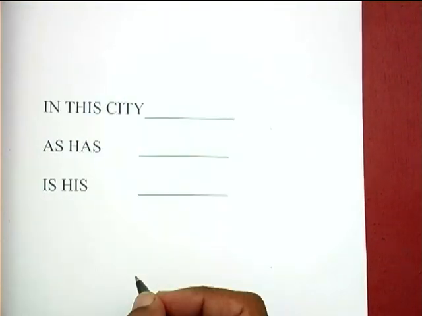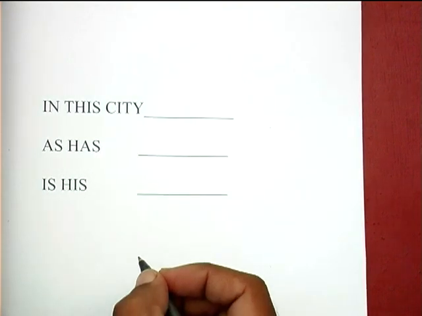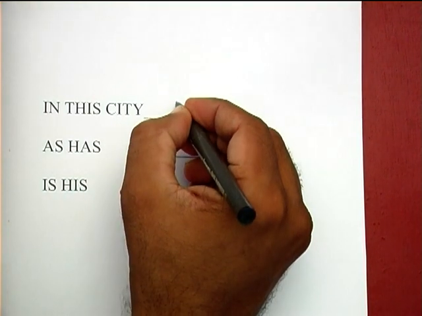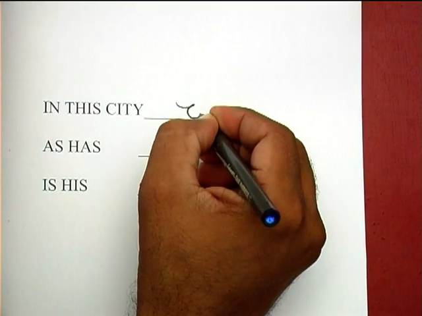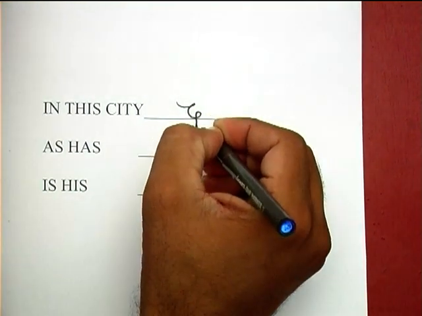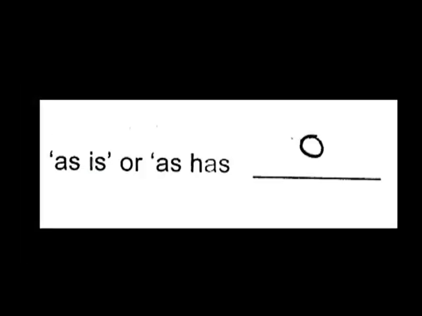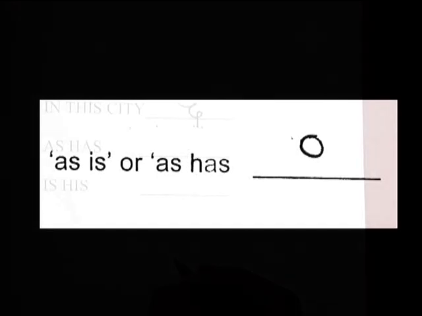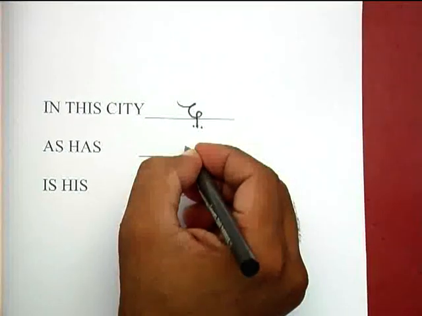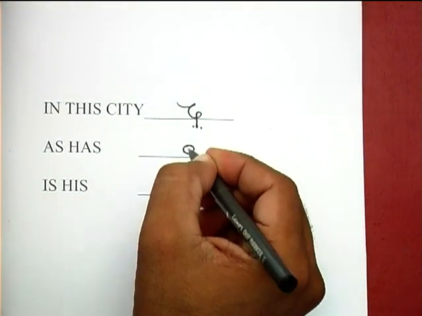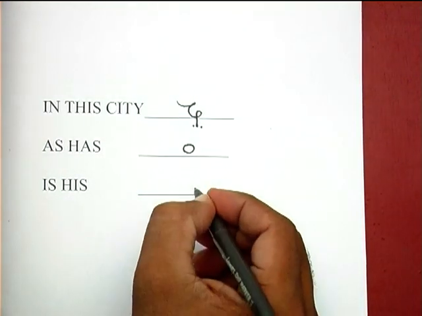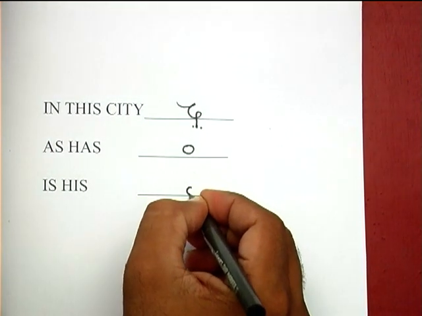The SS circle for the two S's may be observed in the phrases in this city, this is, or as has, is as, or it is.